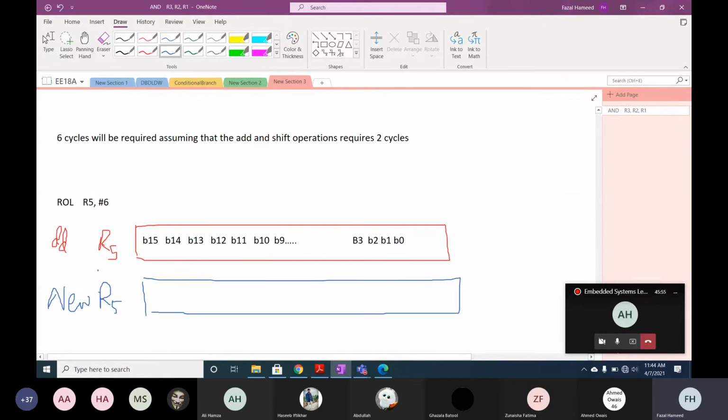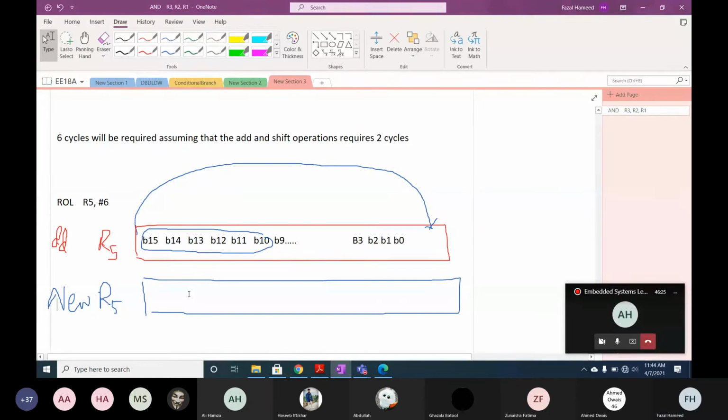Now we are rotating R5 by 6 positions. It means that the most significant bits, 1, 2, 3, 4, 5, 6, will be moved to the LSB side. Initially, which value will be moved to the LSB side?